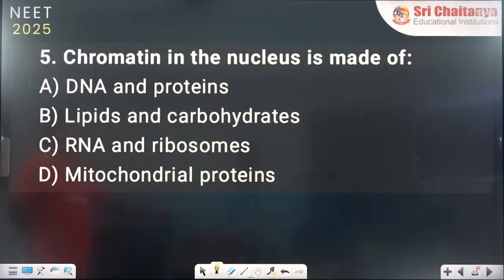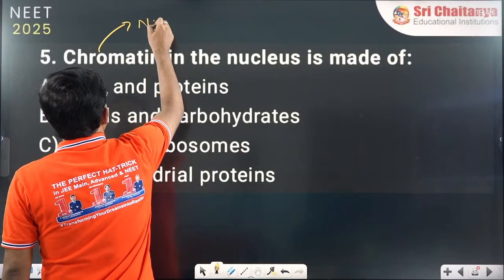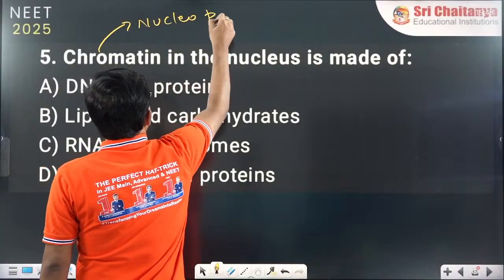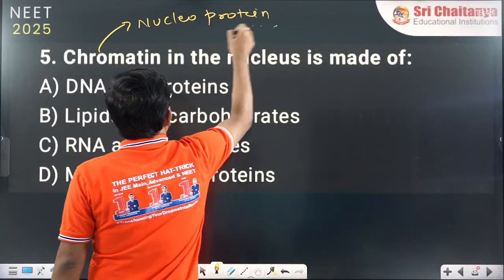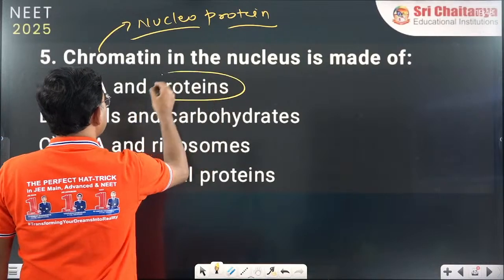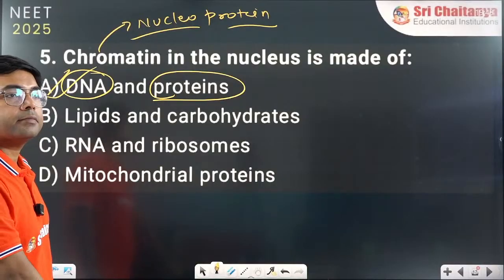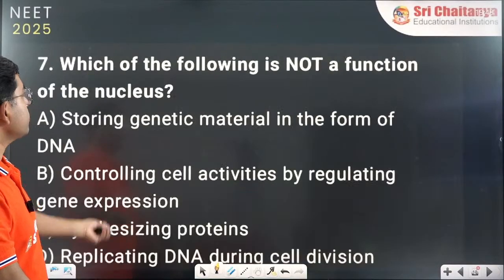Then chromatin in the nucleus is made up of, quickly, chromatin is what kind of structure? Nucleoprotein. So it is made up of protein and DNA. So A will be the right answer. Next question.